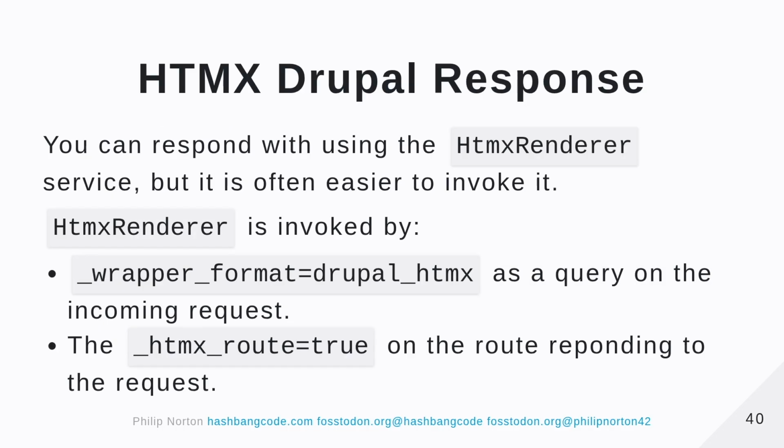But if you want Drupal to respond with that payload, there are two ways to do it. You can use this _wrapper_format equals drupal_htmx. So in your request back to the instance, you give this page parameter, and it will respond back with HTMX. Or in your routes, you can have _htmx_route equals true, and that'll be an HTMX route that will only respond with this sort of flat file stuff.